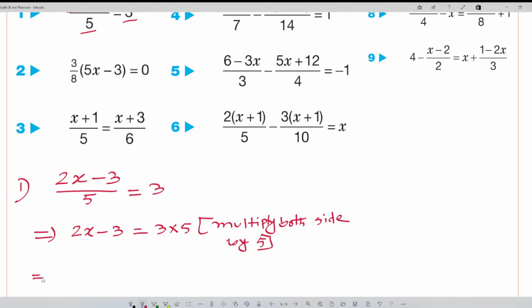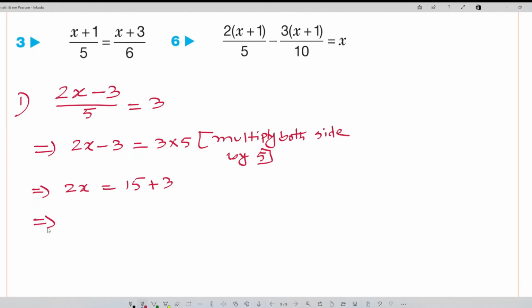Okay, then here is 2x equals 3 times 5 is 15, and minus 3 will become plus 3, right? Then 2x equals 18. Both sides, if we divide by 2, the answer will be x equals 9.